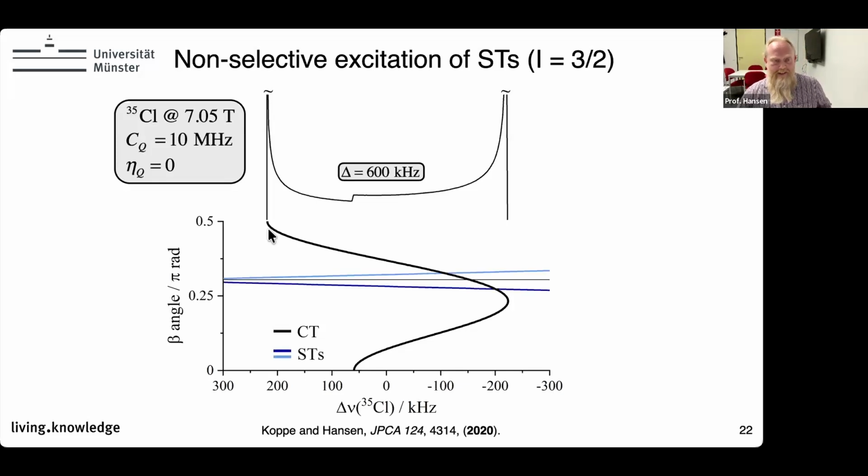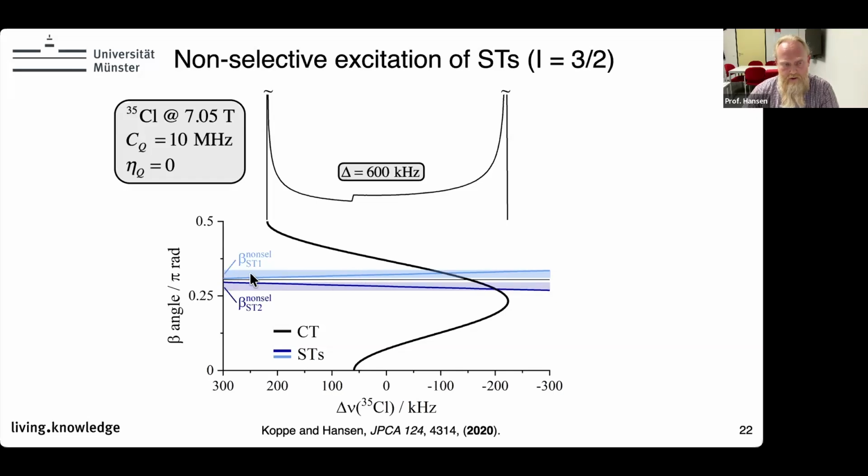Now, the problem with this is that you also have underneath here the satellite transitions. Normally you don't care about these, but they are also there. It means that if you excite within this range, you will also have some so-called non-selective excitation of your satellite transitions. That means that you have two of them, one from each side, and you can see here these crystallites with a specific beta angle.